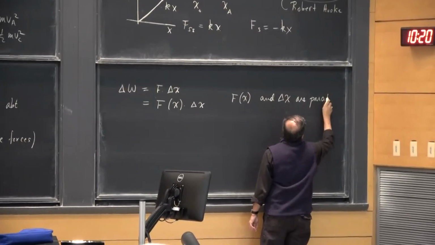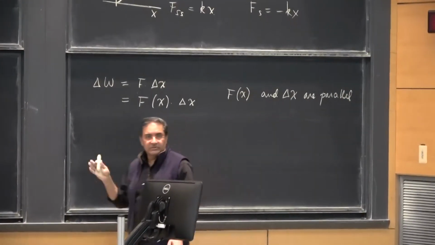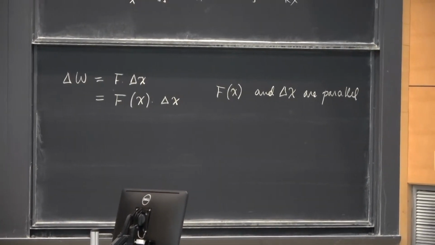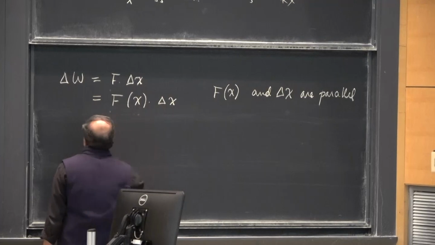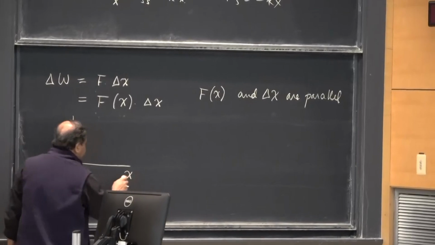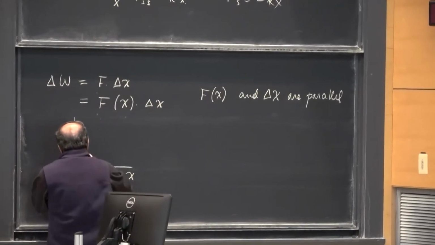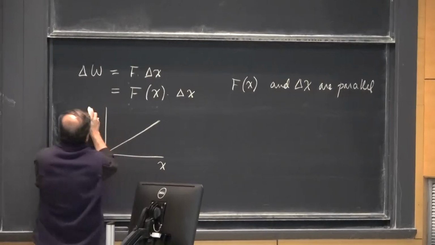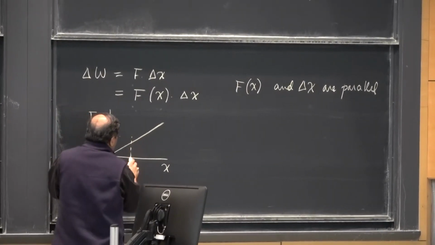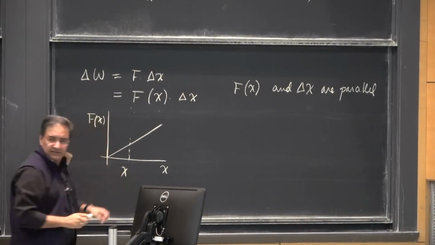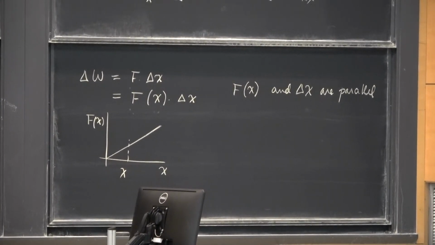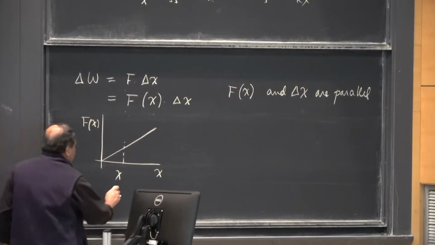Therefore, the angle between them is 0, which allows me to ignore the cosine piece here. But because I have an F of x delta x, I have to be a little bit careful in the work done. This is F of x. I stretch the spring from some point here, which I call xa, x initial, to x final.